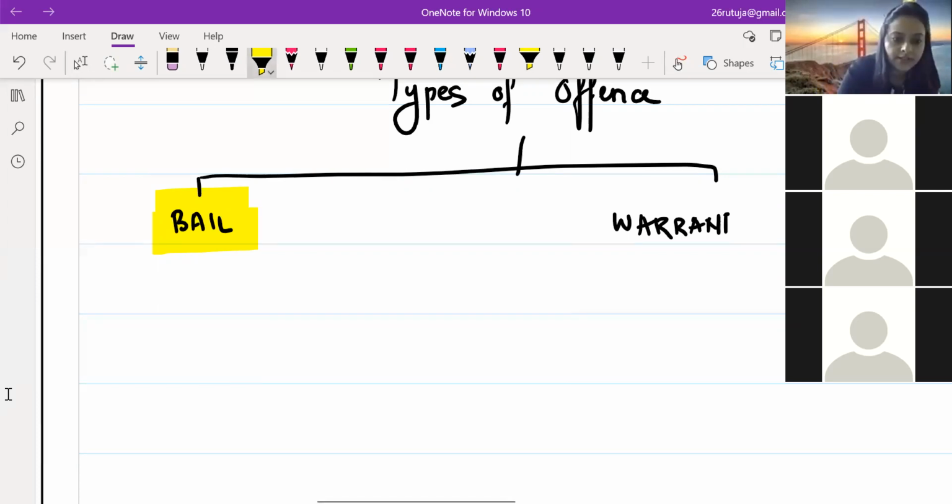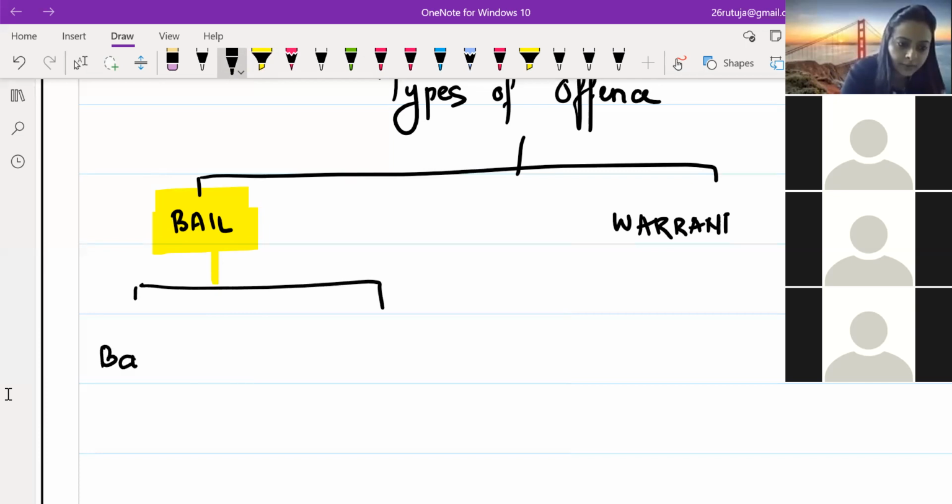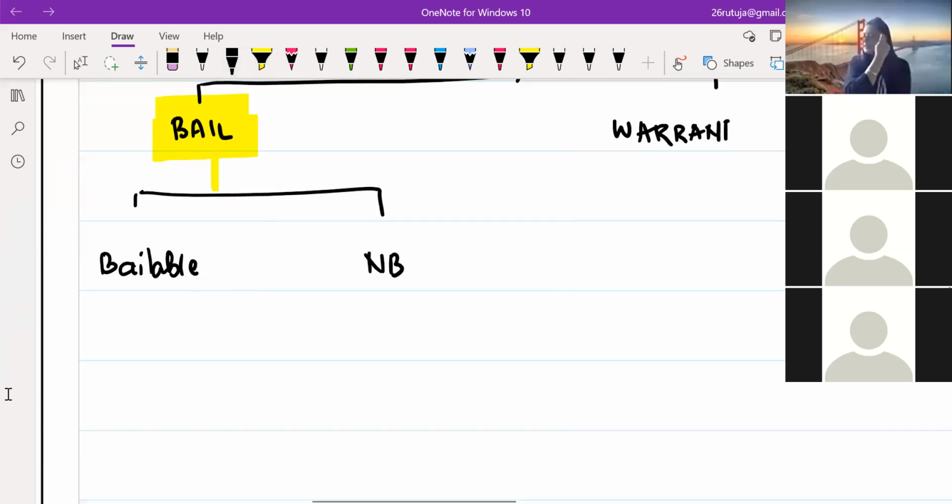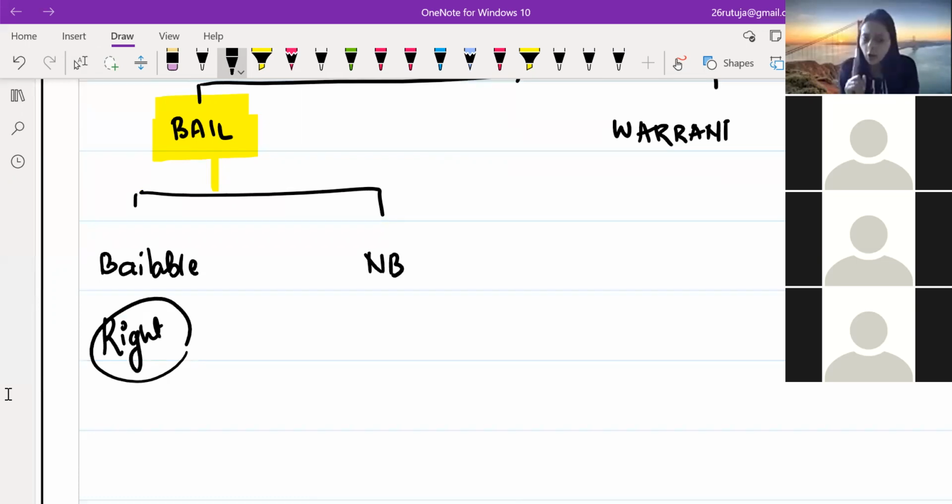So basically, if an offense, so let's divide it further over here into bailable offenses. You either have bailable offenses or non-bailable offenses. So what happens in bailable offenses? You have a right, आपका हक है, to ask for bail. और फिर आप बेल पे बाहर आने वाले हो, लेकिन आप प्रॉमिस कर रहे हो कि जो भी डेट्स ऑफ हियरिंग्स है आप उस डेट को कोर्ट में पेश रहोगे.